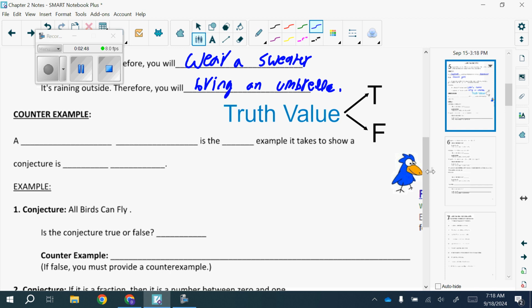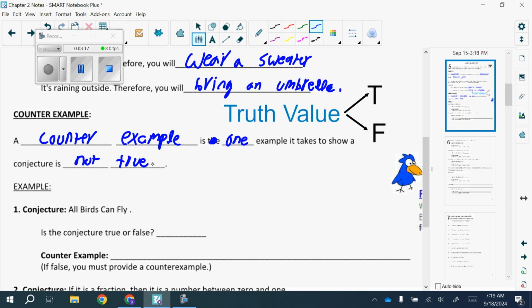Now, counterexample. So when a conjecture is false, we can typically debunk it or disprove it by just simply stating a counterexample. So a counterexample is, I don't like the word the there, but it is one example it takes to show a conjecture is not true.